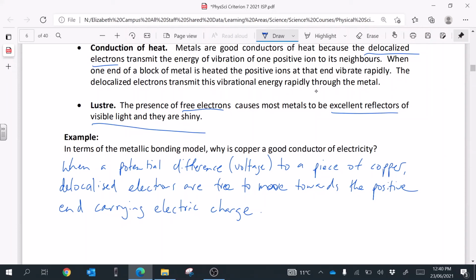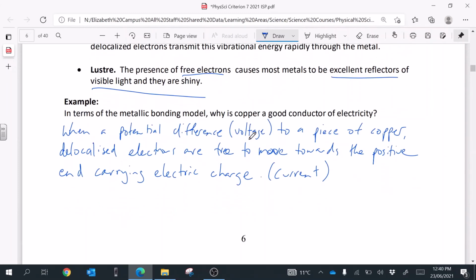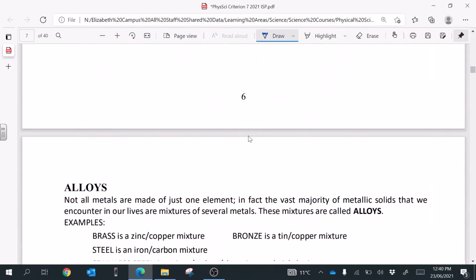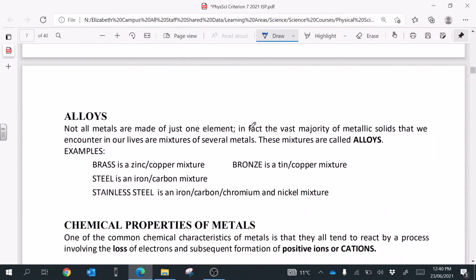That is a flow of current, and current is just the flow of electrons. So that's why they're good conductors, because of the free electrons.